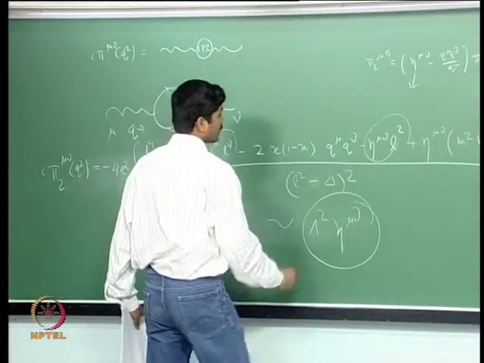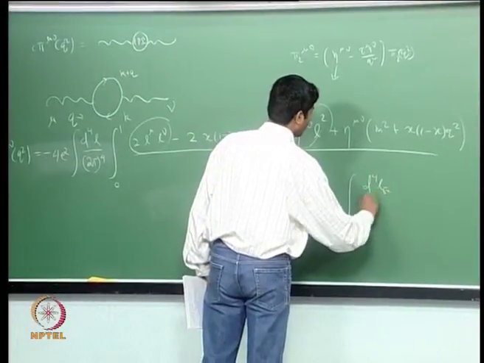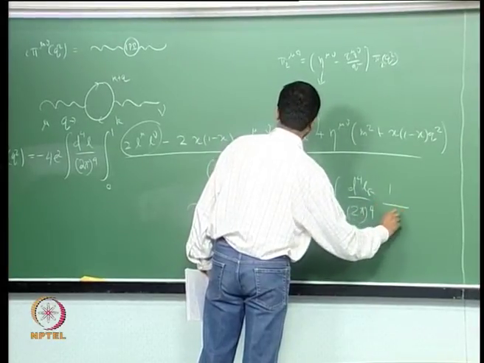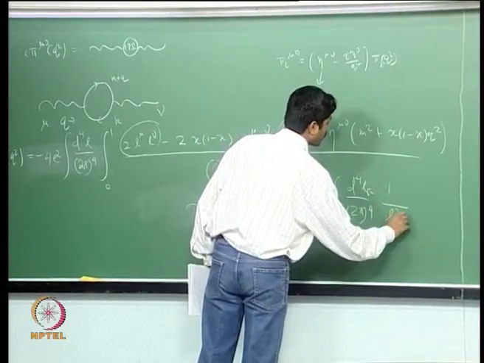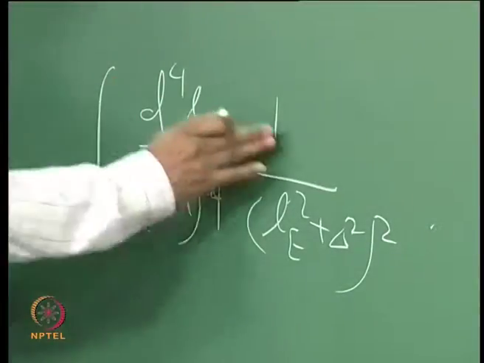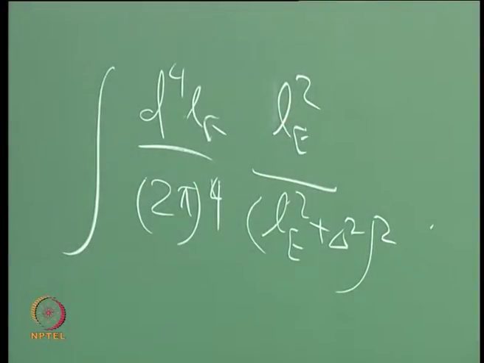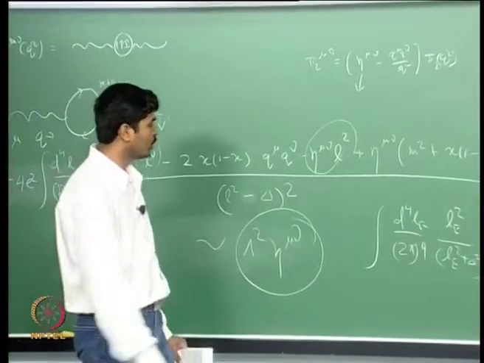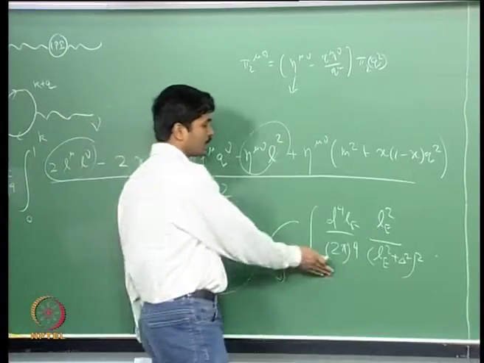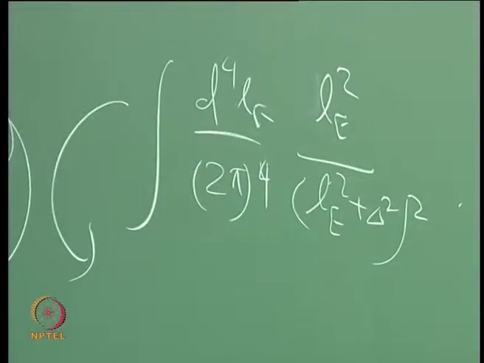When you do a Euclidean continuation, you will get integrations of the type d4 L_E divided by (2 pi) to the power 4, 1 over (L_E square plus delta square) whole square, or L_E square divided by (L_E square plus delta square) whole square. Instead of taking this integration in 4 dimensions, you evaluate it in d dimensions, and at the end of the day you take the limit d goes to 4.